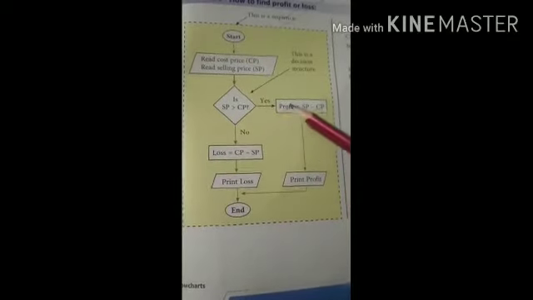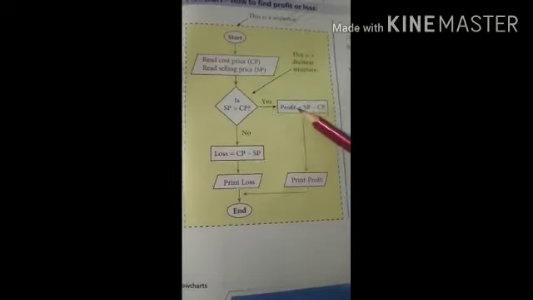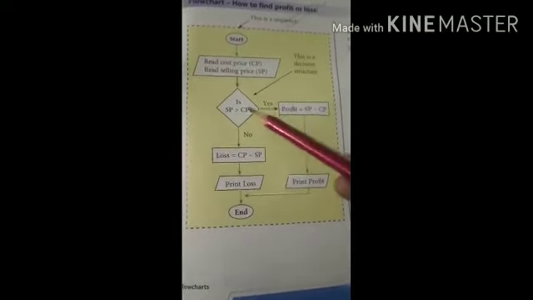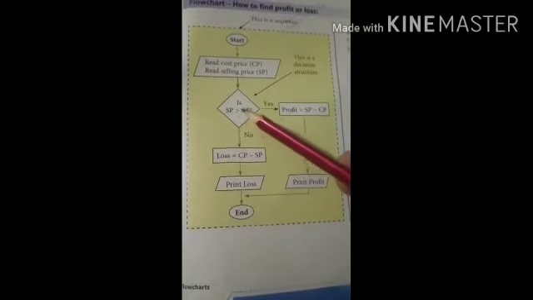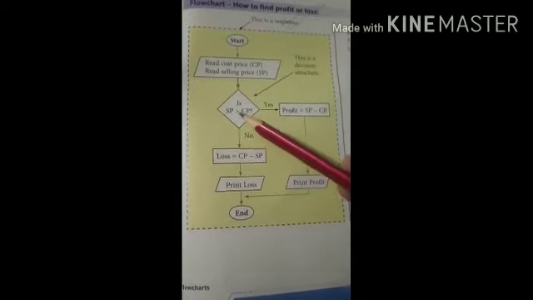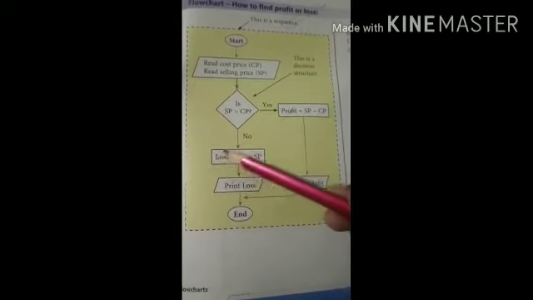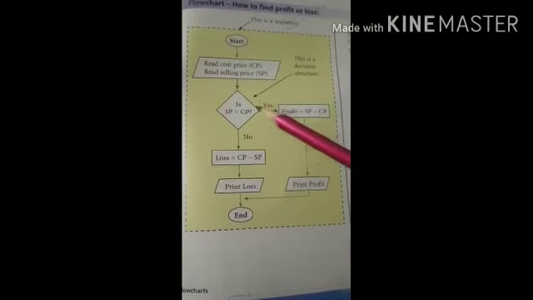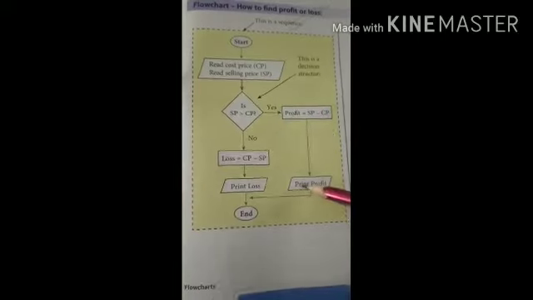The formula to calculate profit is equal to selling price minus cost price. Whereas if the shopkeeper is going to suffer a loss, then the formula will be loss is equal to cost price minus selling price. Then if the shopkeeper makes a profit, it will print profit.